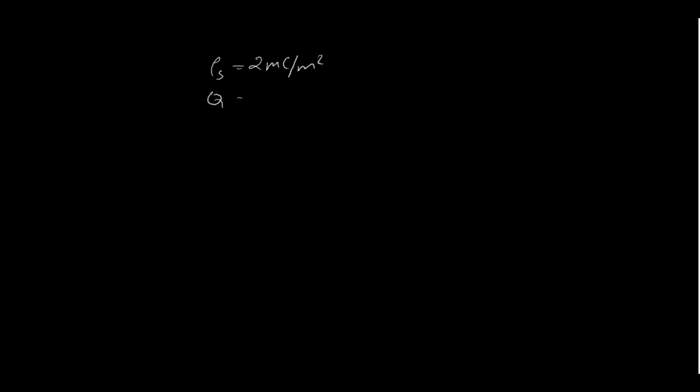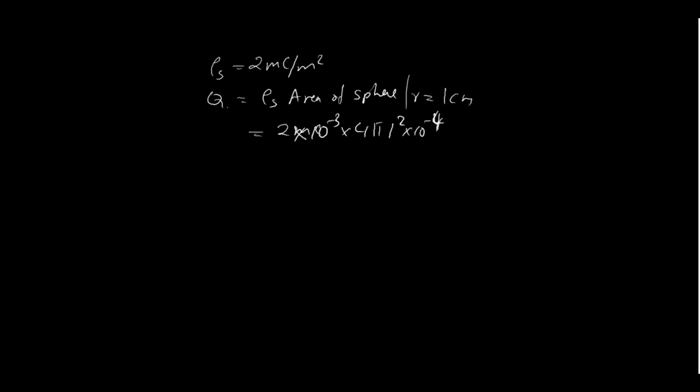So Q will be rho s into the area of the sphere with radius r equal to 1 centimeter. So it will be 2 millicoulomb, 2 into 10 raised to minus 3, into the surface area of the sphere, which is 4 pi r square. So 4 pi into 1 square into 10 raised to minus 4, because centimeter square is 10 raised to minus 4. So that is Q at r equal to 1 centimeter.